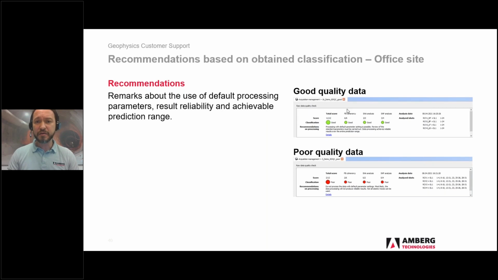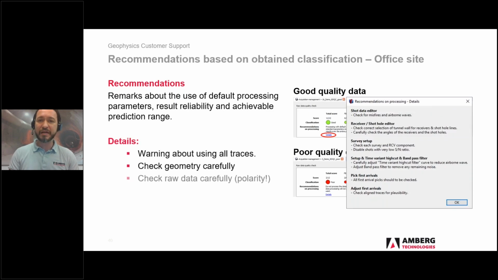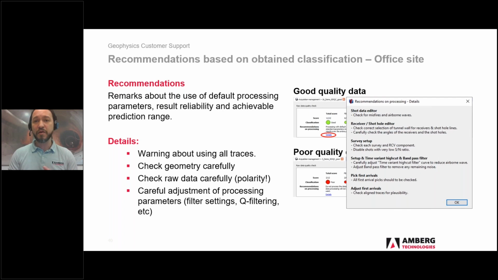You see here two examples, one of good quality and one of poor quality, and you also get the entire scoring system in the office. In addition, there are some details here. You can click on this in the office software, and you will get detailed information about different warnings or recommendations you should follow for processing.